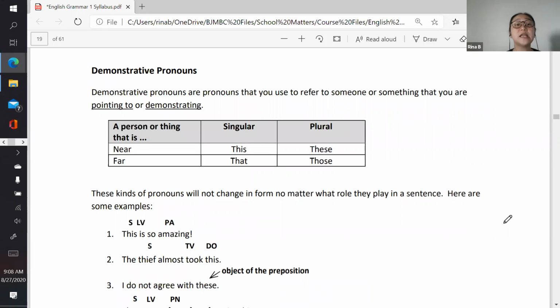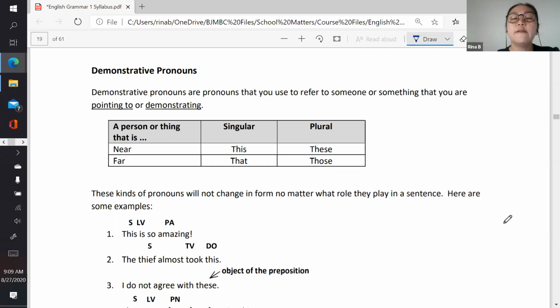The antecedent for your demonstrative pronouns, you will know because the speaker who uses these pronouns will either be demonstrating or pointing to the antecedent, or to the noun that it refers to. Again, we said that demonstrative pronouns can also act as adjectives.